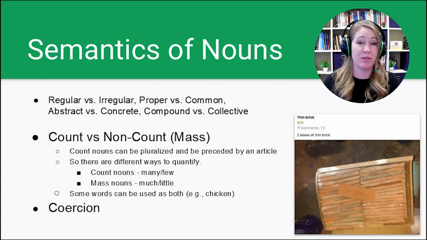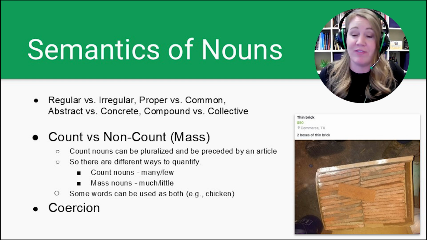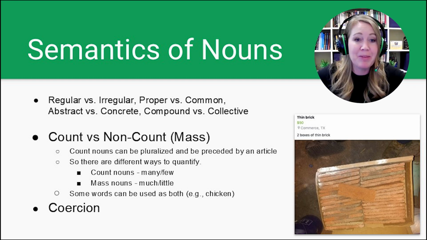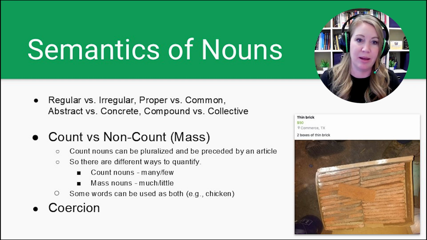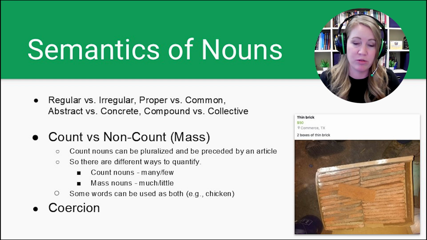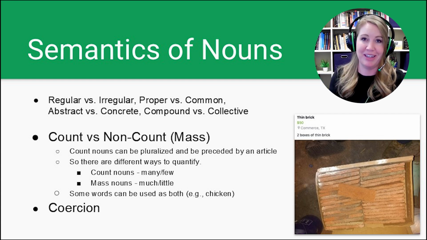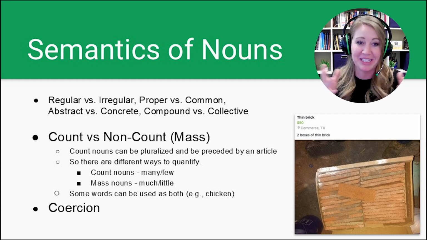So for example, let's look at a real life scenario that Dr. Tardo found in a social media post, I guess Facebook Marketplace probably, where someone was selling bricks. So the post reads, 2 boxes of thin brick. And it's likely not a typo, and we can tell from the information that's provided in the sentence.